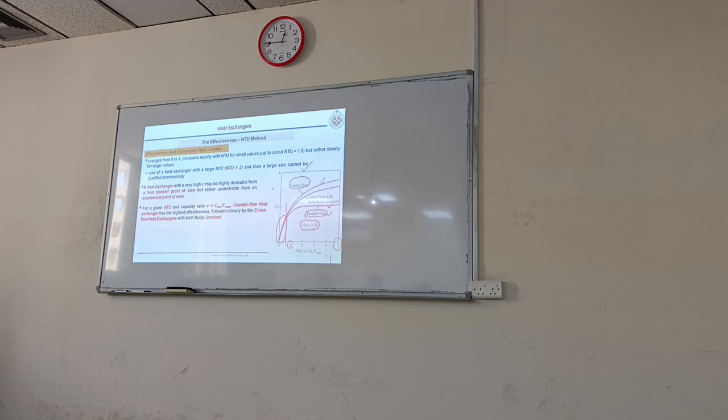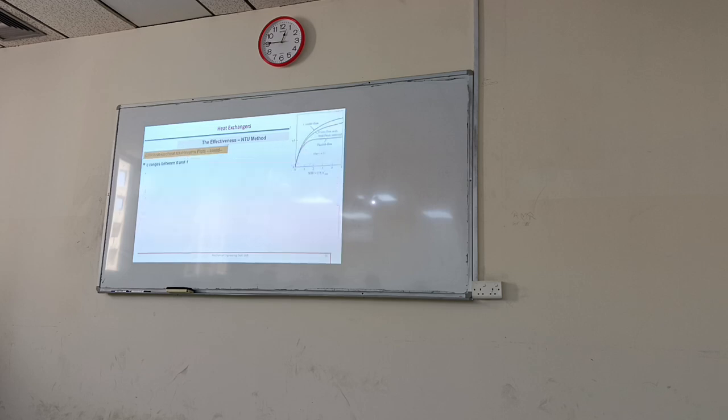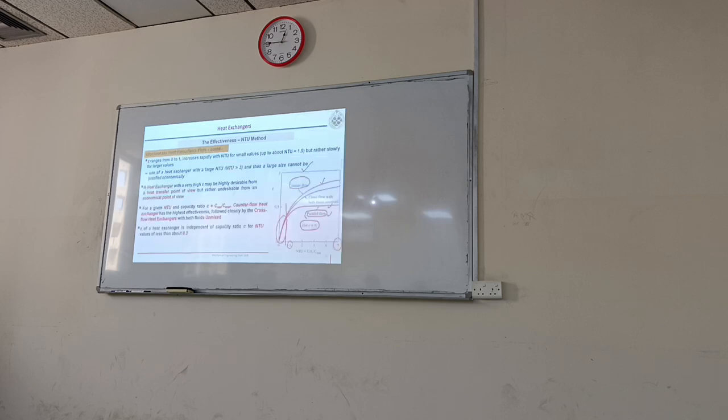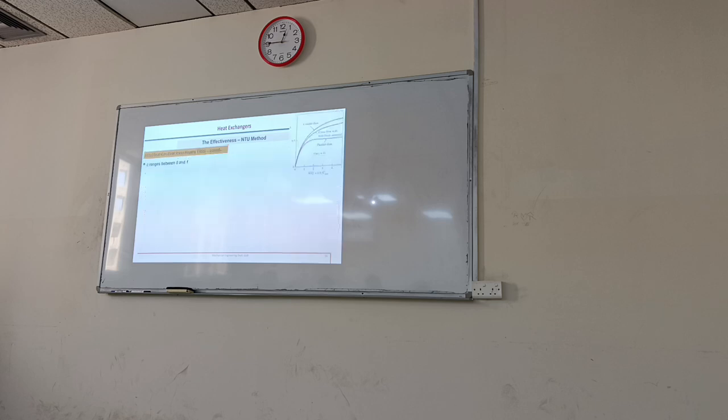It seems like it is still increasing, but maybe it is increasing your cost drastically more than the effectiveness which we are getting. Below 0.3, effectiveness is the same for any type of heat exchanger.